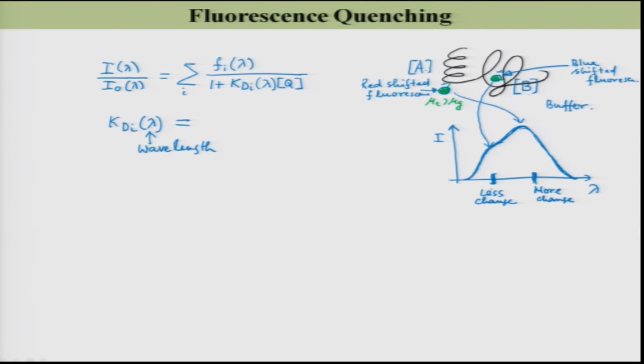So, for a particular site, either kD_A or kD_B, does it depend on the wavelength? Obviously no. So, I should write this only as kD_i. It does not depend on the wavelength, because it is a Stern-Volmer quenching constant. It is the interaction between the fluorophore and the quencher, right. So, where that molecule will emit does not matter for it.